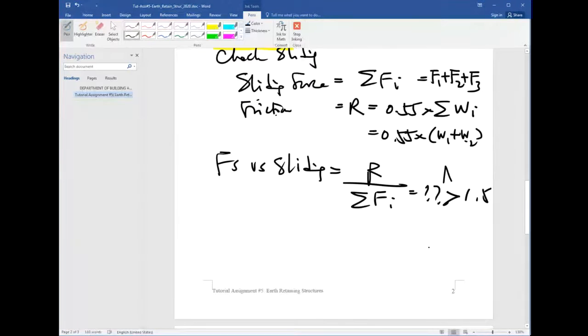Okay. Now, when it comes to checking bearing pressure, right? So bearing pressure.